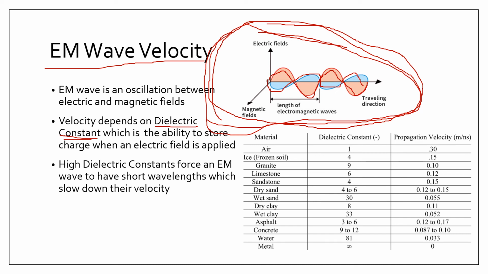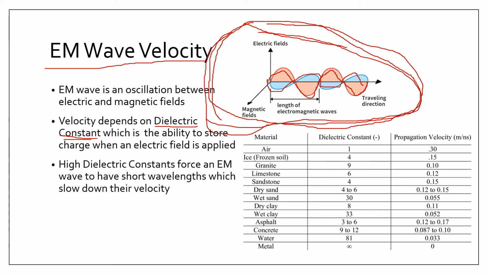Any material that can store electric charge has a high dielectric constant, and there are many factors that affect it. The two main factors are the presence of conductive materials, and second, the presence of clay materials. We will be discussing that later in this course.